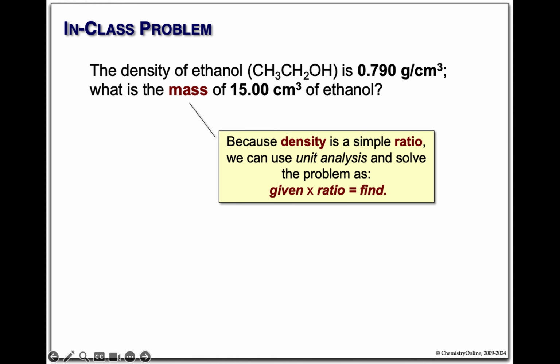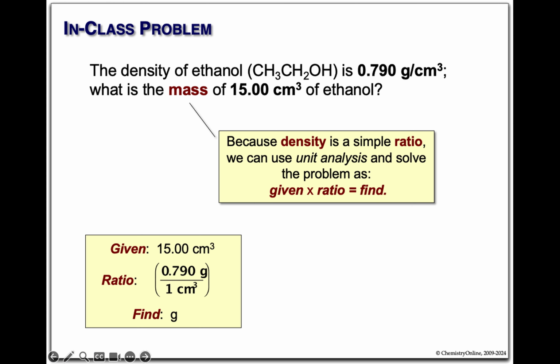Given, ratio, and find. We are given 15 cubic centimeters. We're trying to find the mass. But what do we do for a ratio? Well, density is a ratio. Grams divided by cubic centimeters. It's a ratio.